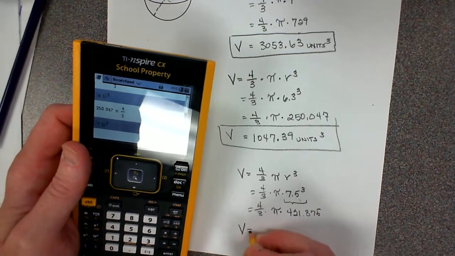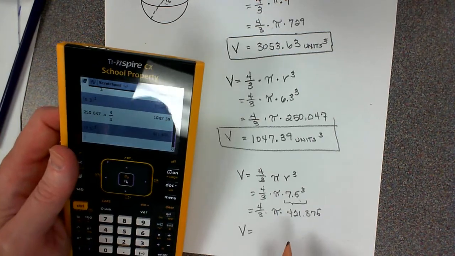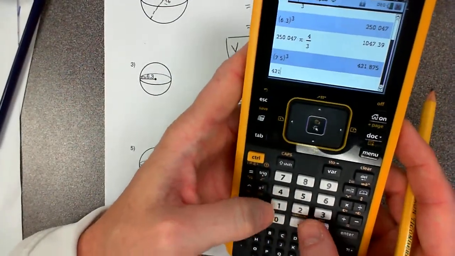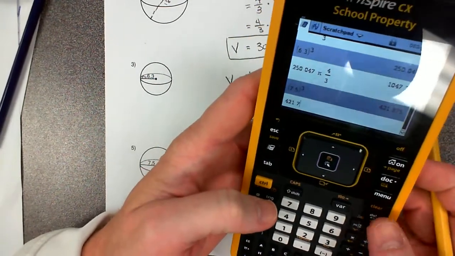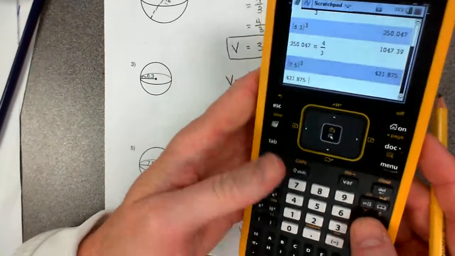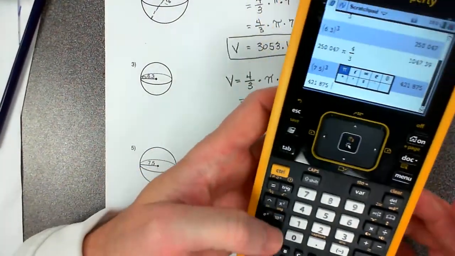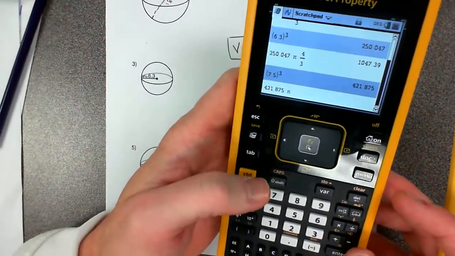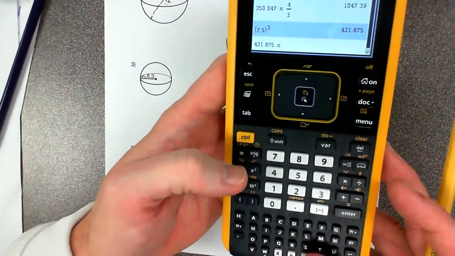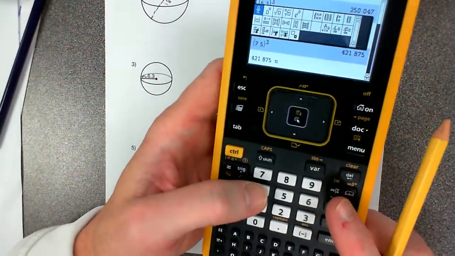Very few times, but sometimes you will get, hey, what is the total volume? So in order to find that, I'm going to take the 421.875. I'm going to multiply that times pi, which is right here in the bottom left-hand corner, and multiply that times a fraction. So you can use my little fraction button right here.